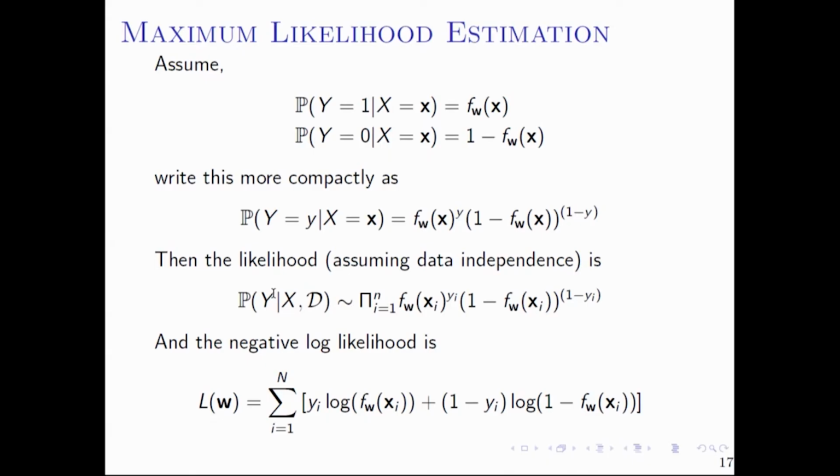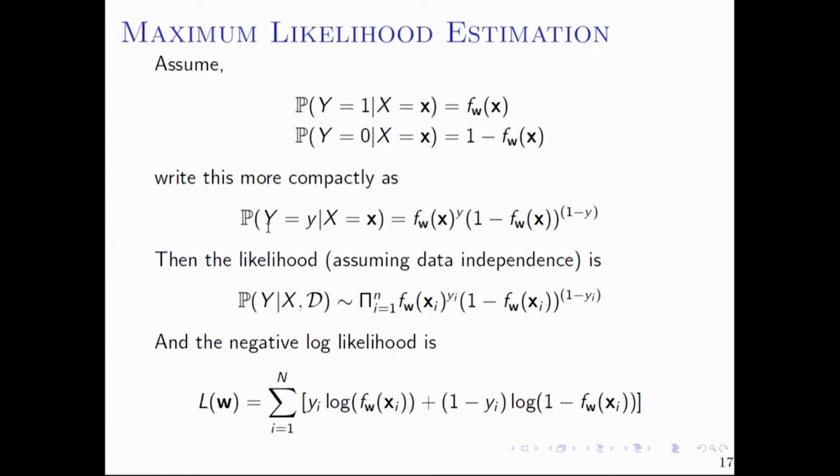How did you learn w or beta for the regression parameter? You minimized the regression loss, or L2 loss. So here also we have to minimize some loss, which is a classification loss. Now, we can write the class posterior density as f(x) to the power y times 1 minus f(x) to the power 1 minus y.